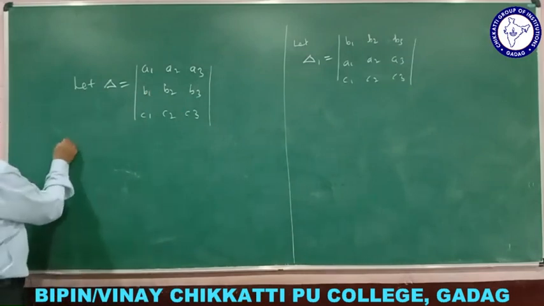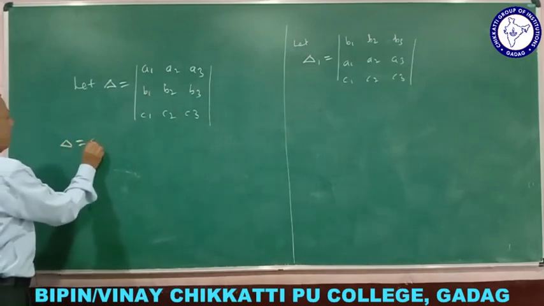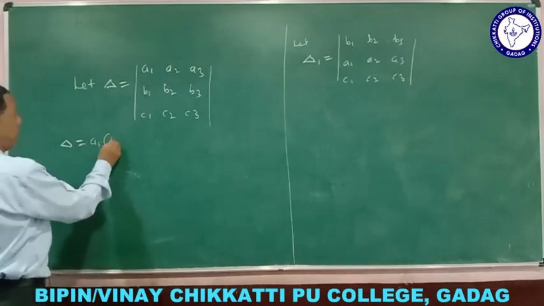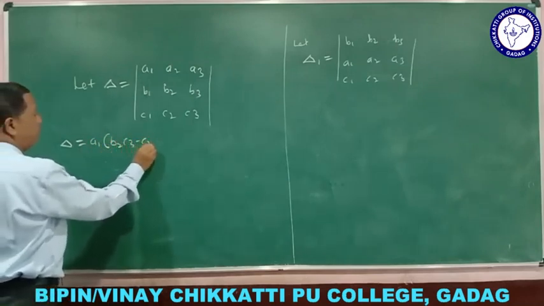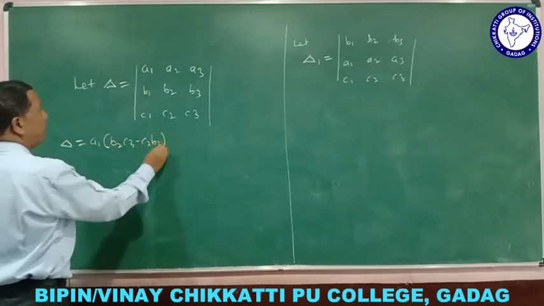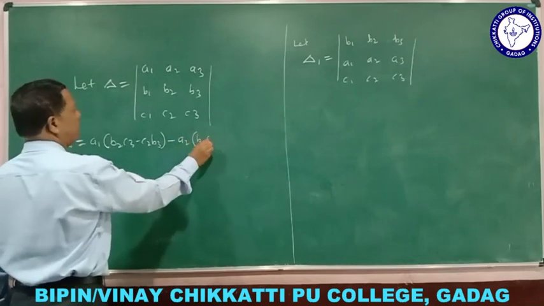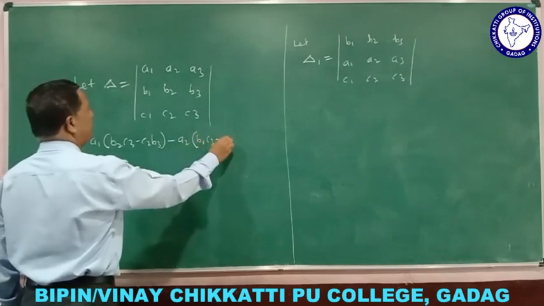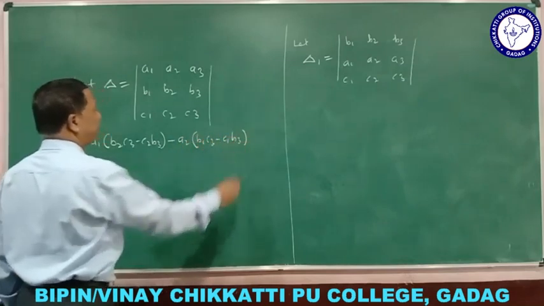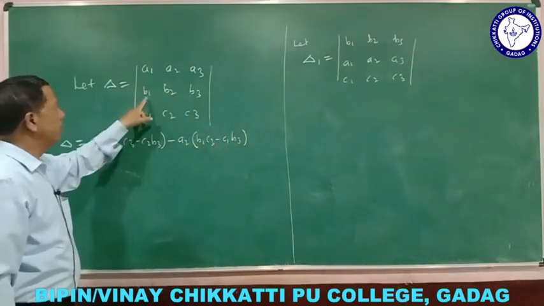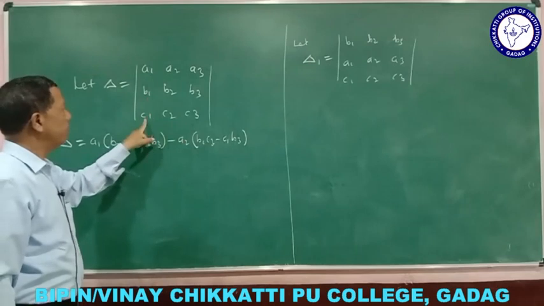I already told you what the expansion is. A1 into bracket. Yes, tell me. B2 C3 minus C2 B3, minus A2 into bracket, B1 C3 minus C1 B3.